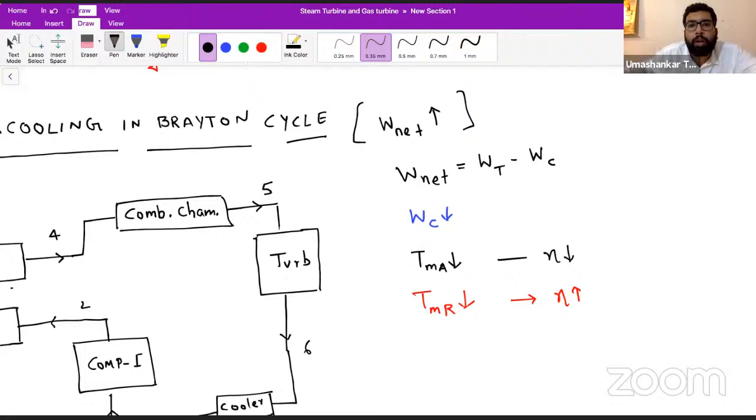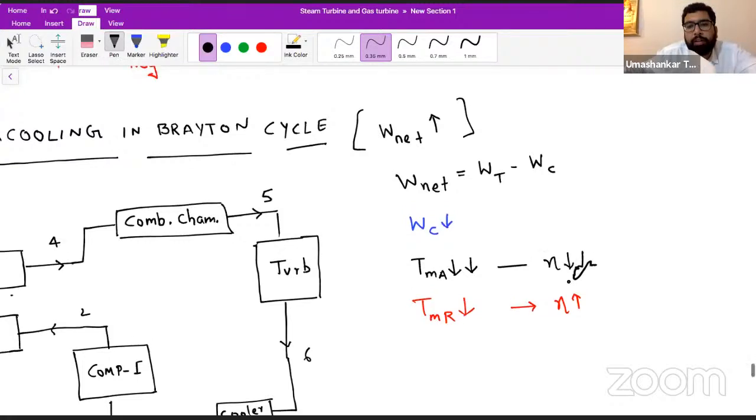In this, the mean temperature of heat addition reduces more as compared to the decrease of the mean temperature of heat rejection. So ultimately the overall efficiency is going to get decreased. This decrease is more and this increase is less. So what is the overall effect of intercooling? The overall efficiency is going to get decreased.